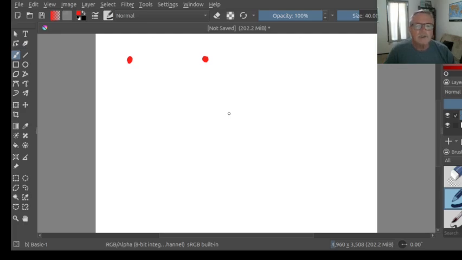Now I'm going to switch colors, and I'm going to draw the electron, but I'm going to do the electron a little bit different than normally done. What I'm going to do with the electron is just draw a circle. It's a pretty lousy circle, but there's a circle.